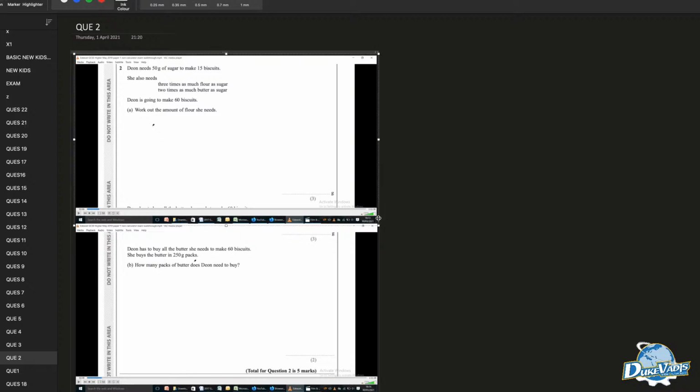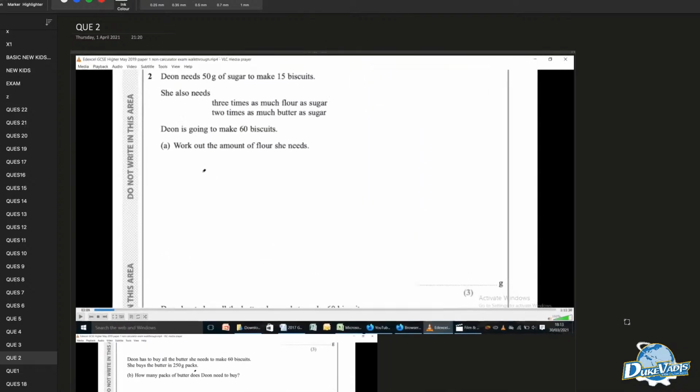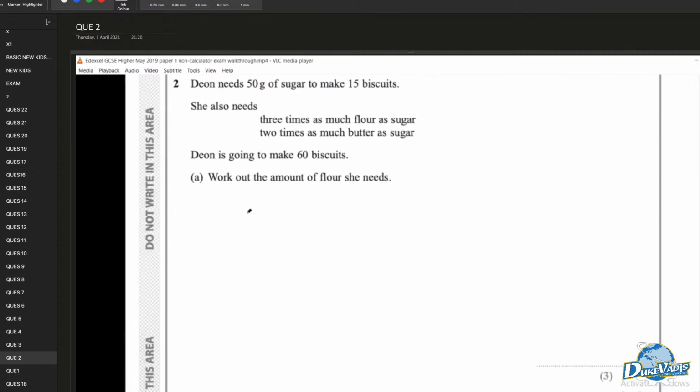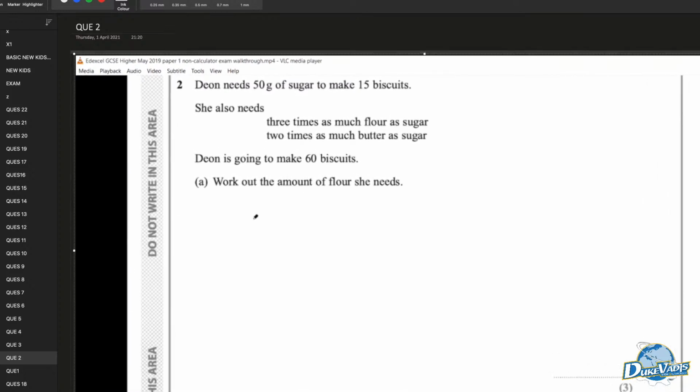Let me make it a bit bigger so we all can see. That's the question. The first part says Dion needs 50 grams of sugar to make 15 biscuits. She also needs 3 times as much flour as sugar.